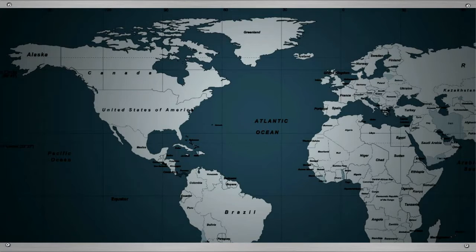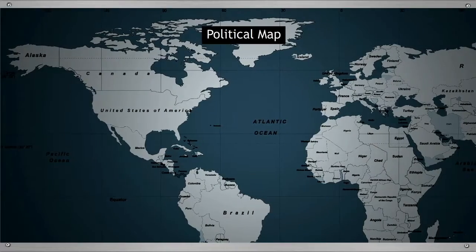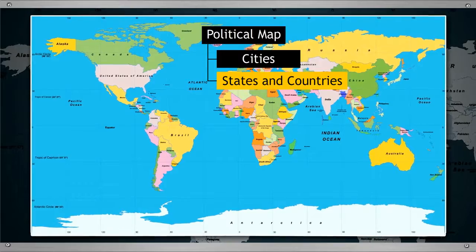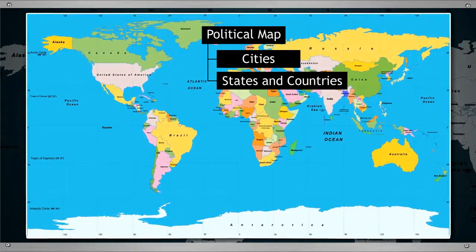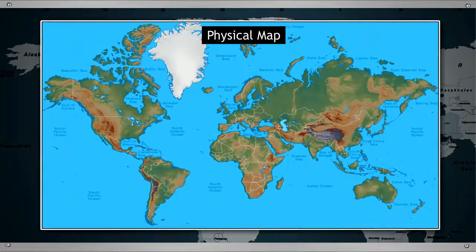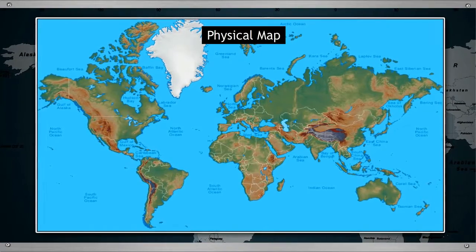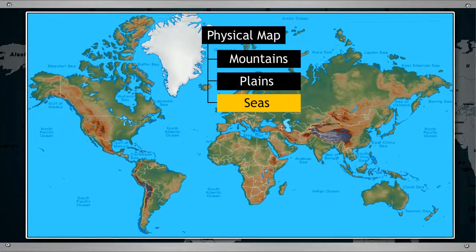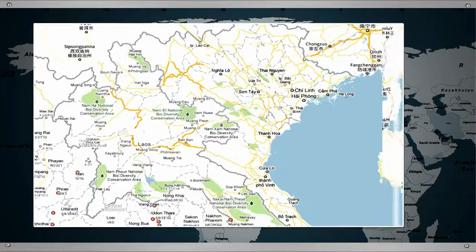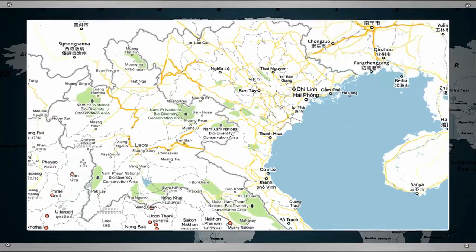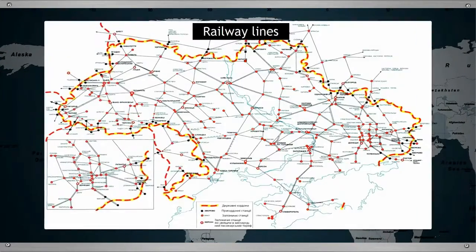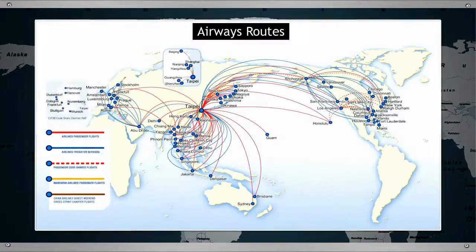An atlas might contain a variety of maps, such as a political map, which shows the outline of the important cities, states and countries, and a physical map, which shows the natural features of land like mountains, plains, seas. Apart from political and physical maps, there are maps with information about roads, railway lines, and airway routes, etc.